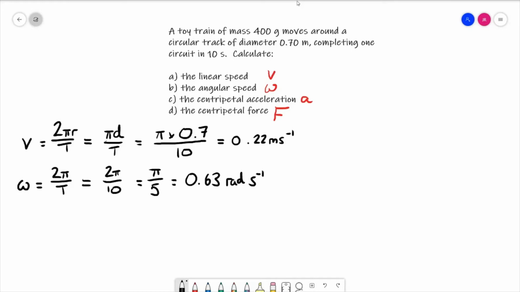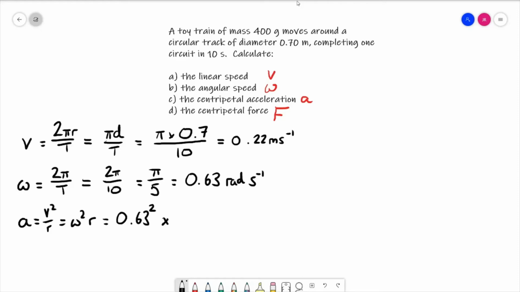For our centripetal acceleration then, we are going to have to use a rounded value, and we can use either a is equal to v squared over r, or we can use omega squared r. It doesn't really matter which one you use. I'm going to use omega squared r, and therefore we're going to take 0.63 and square it, and multiply it by the radius.